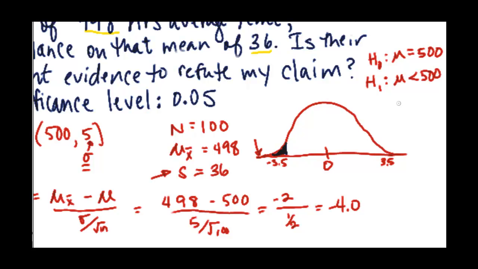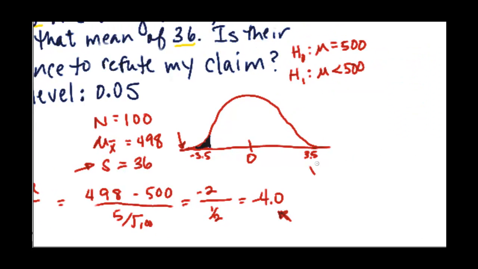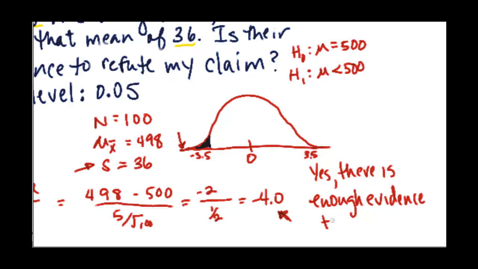So with these specific 100 batteries, if you were to go on your z-score chart, you wouldn't even find a p-value associated with that z-score. So you would say yes in this case. Yes, there is enough evidence to reject the null.